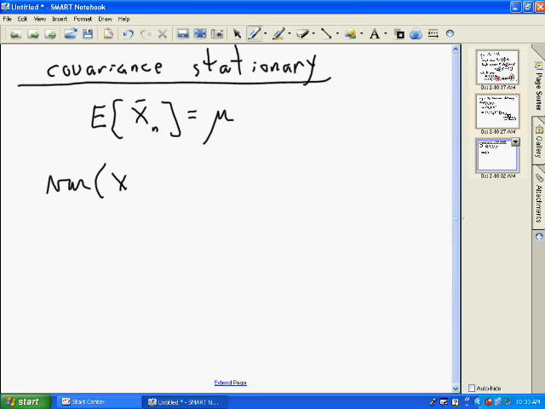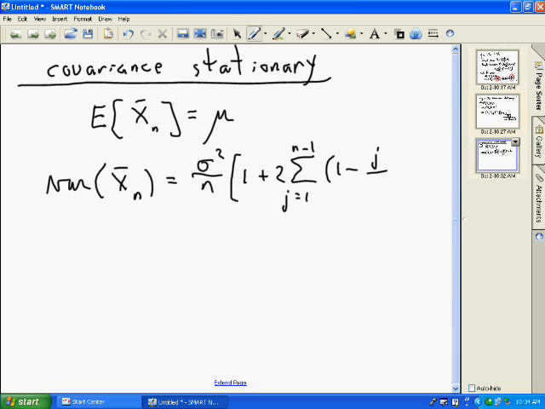The variance of x bar sub n is equal to what we had before, but now there's an extra term, times 1 plus 2 times the sum from j equals 1 to n minus 1 of (1 minus j over n) rho j.